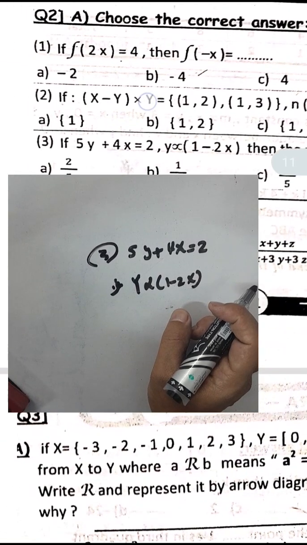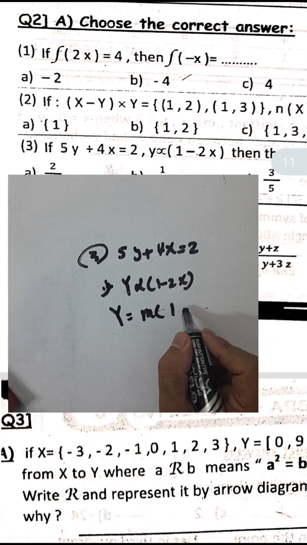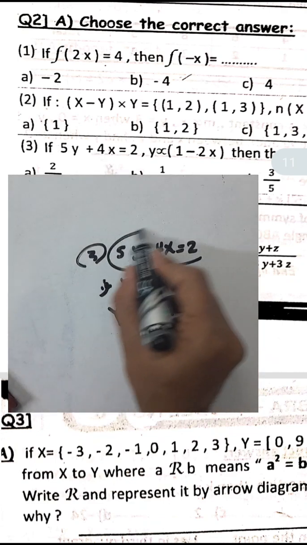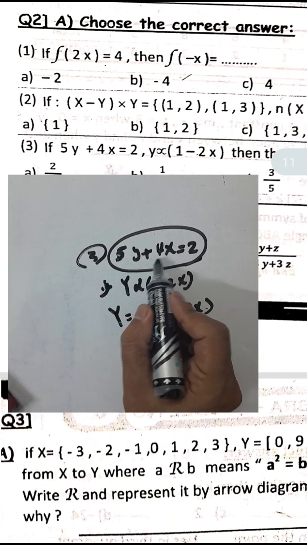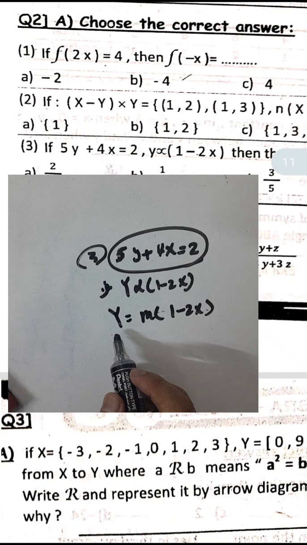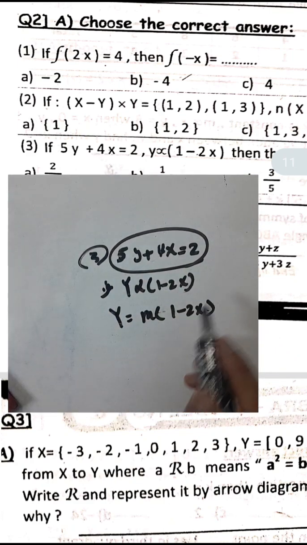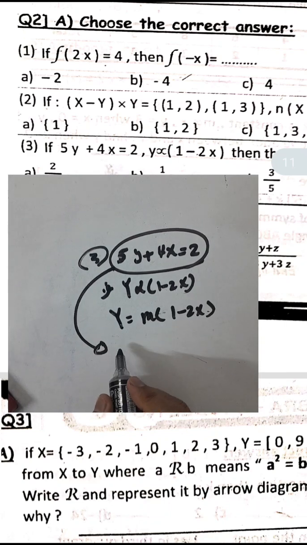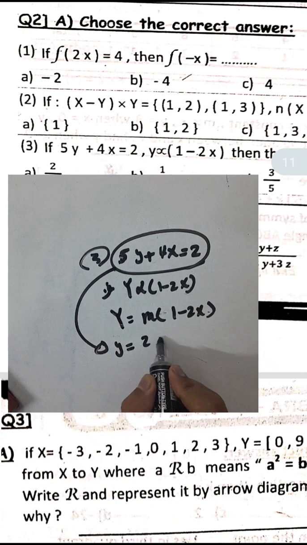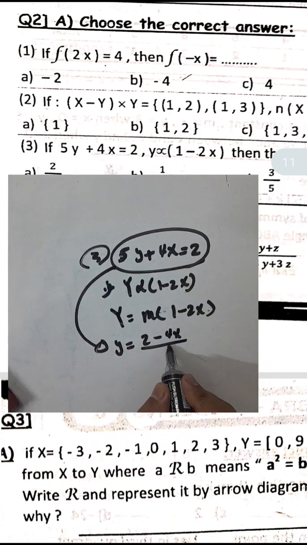We have the direct relation between y and 1 minus 2x, so y will be m multiplied by 1 minus 2x. And we have 5y plus 4x equals 2. Then we can find the value of m by eliminating y from this relation. We can write y equals 2 minus 4x over 5.